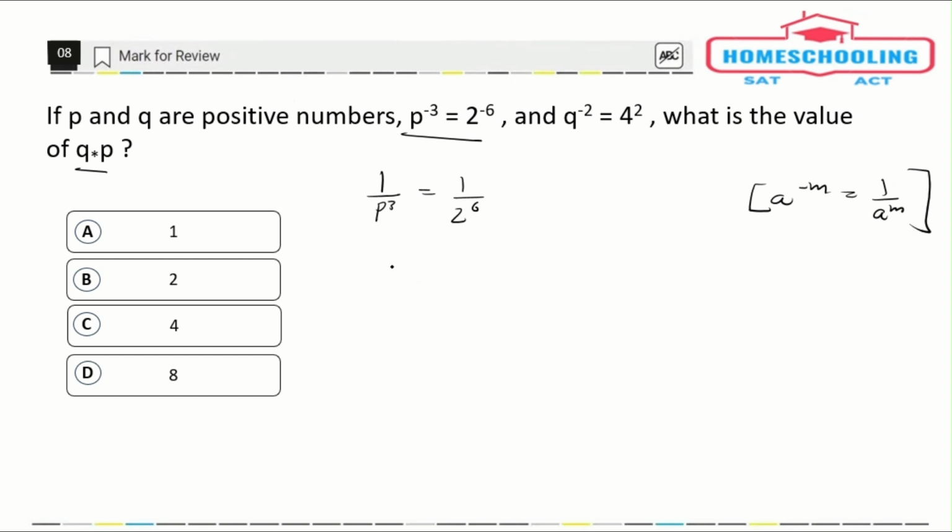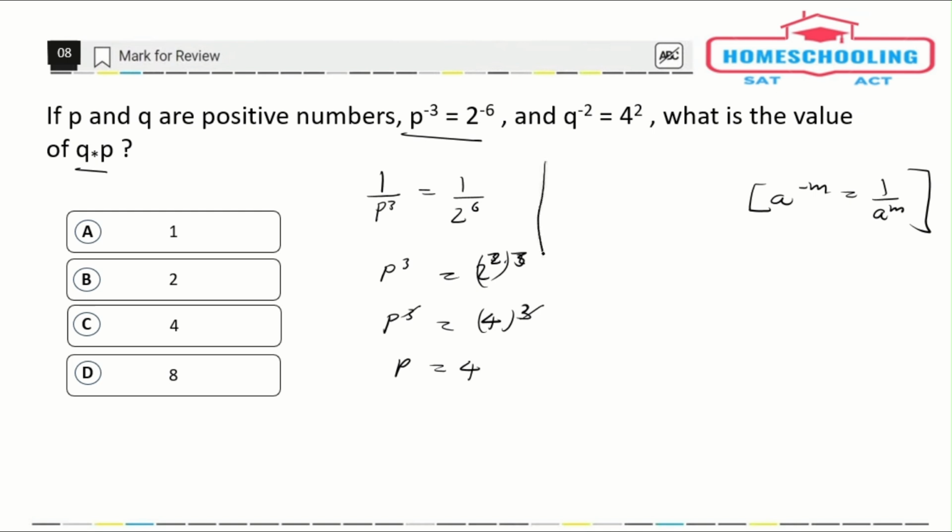So from here we can say that p cube is equal to 2 into 3 into 2, or we can say 2 into 3. So p cube is equal to 4 cube, cube gets cancelled, so p is equal to 4.